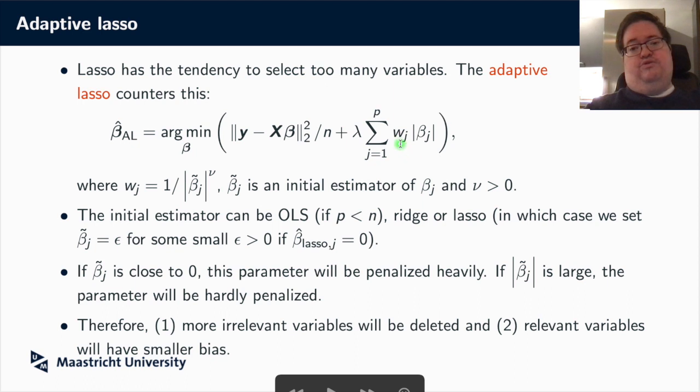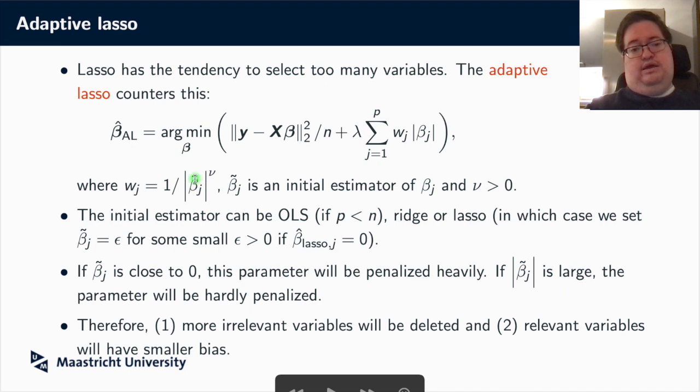This wj is a weight which can change, and that is crucial, depending on which parameter j it's attached to. In particular, suppose we have some initial estimator of beta j, then we let our weight depend on the inverse of some power of that.